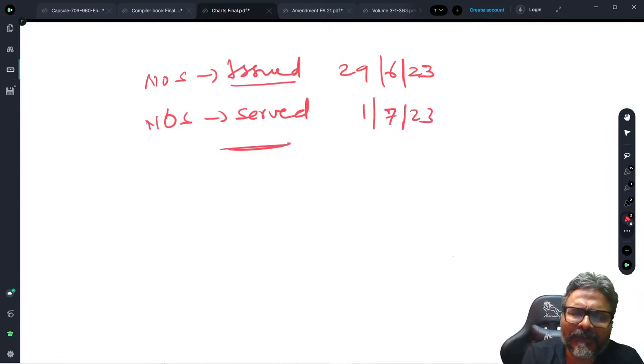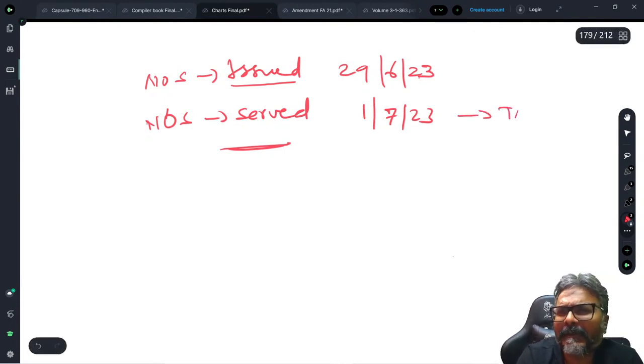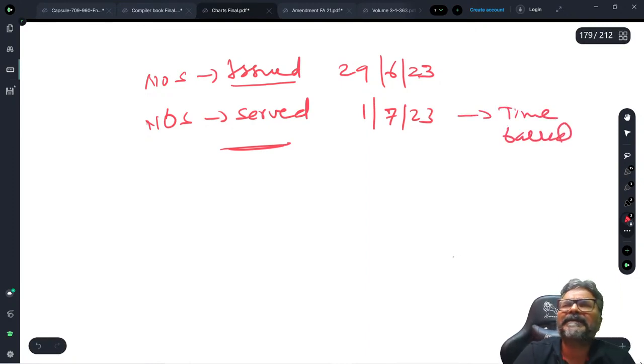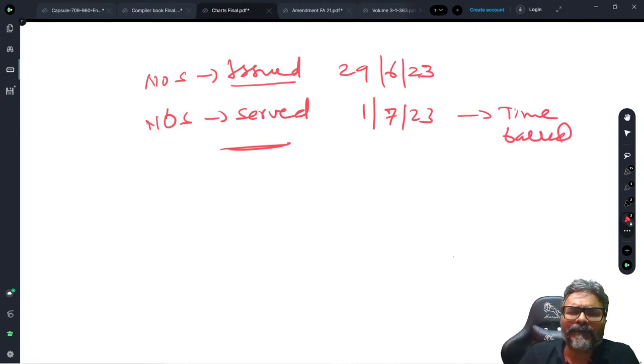So what would have been the last date of service? The last date would have been 30th of June. But actually it got served, served meaning received, on 1st of July. So obviously this is a time barred case. And if it is a time barred case, the SSC should not have complied with this notice of scrutiny. But what the SSC did was, it still went ahead and complied with this notice of scrutiny.